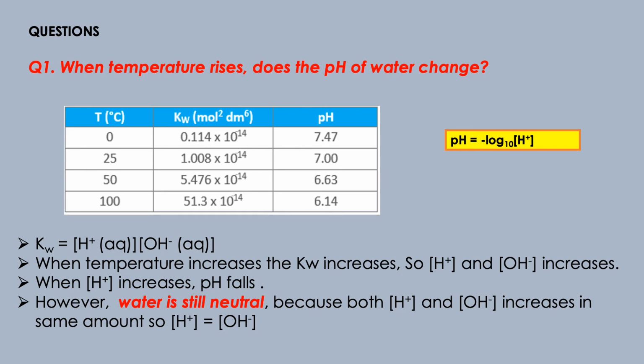When H+ ion concentration increases, from the formula we know the pH will become less. So that's what we see in the table. However, water is still neutral because with the increase in temperature, the concentrations of both H+ ions and OH- ions have increased by the same amount, keeping them both equal. So water is neutral.